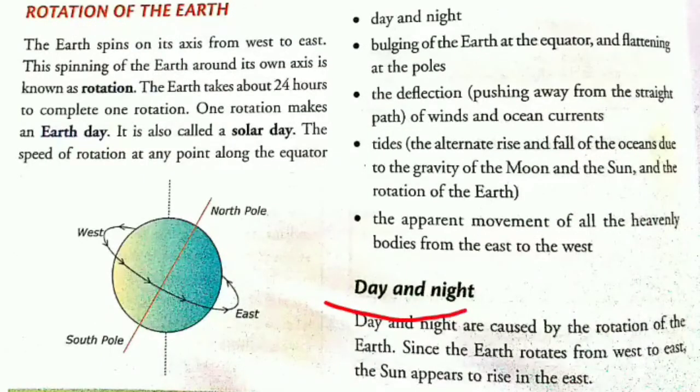Now, day and night. Days and nights are caused by the rotation of the earth, and since the earth rotates from west to east, it seems that the sun rises in the east.